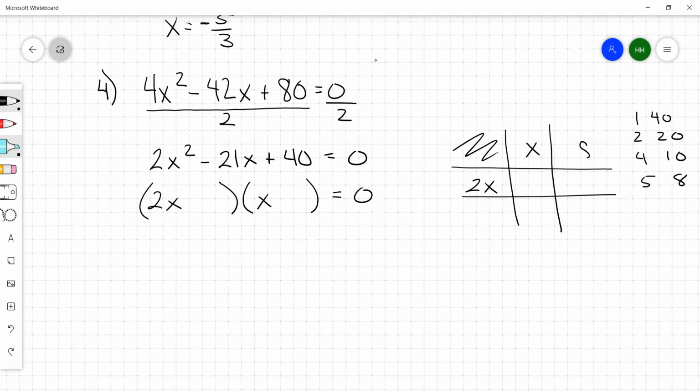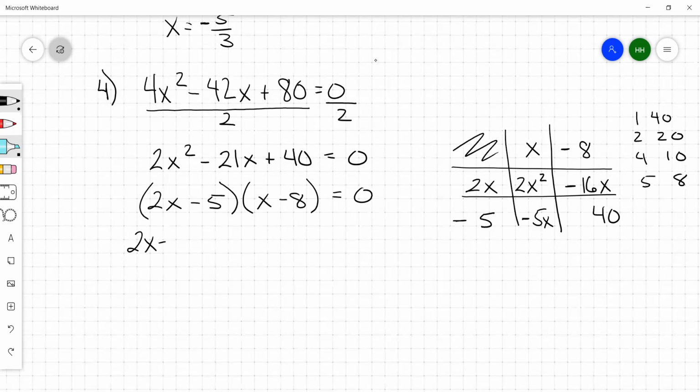An 8 right here and a 5 right here would give us 2x squared, a 16x, a 5x, and a 40. And with a 16 and a 5, you can get to 21. But it's got to be a negative 21. So the 16's got to be negative, and so does the 5. So this 5's negative, and so is the 8. So your factors are 2x minus 5 and x minus 8.